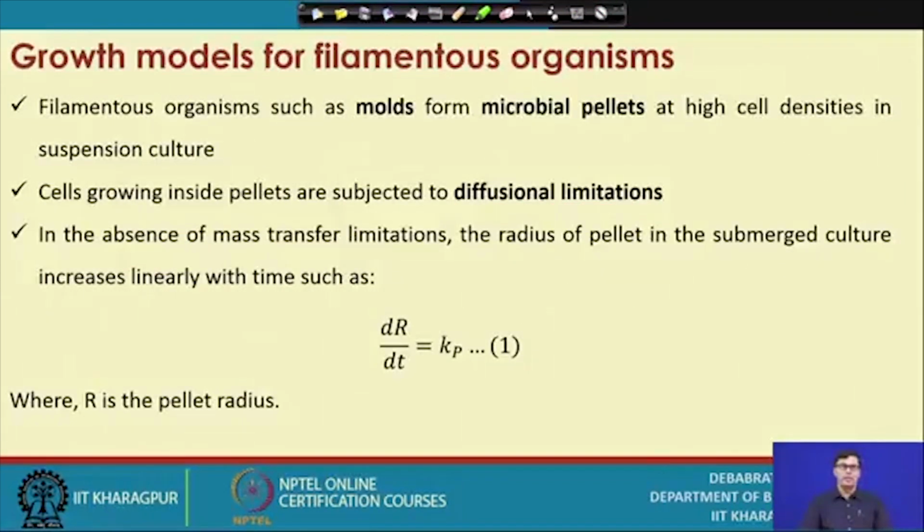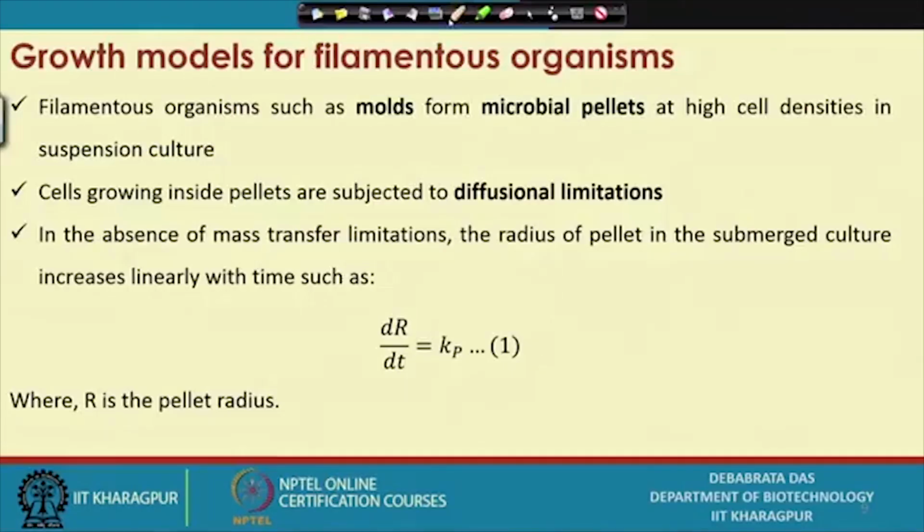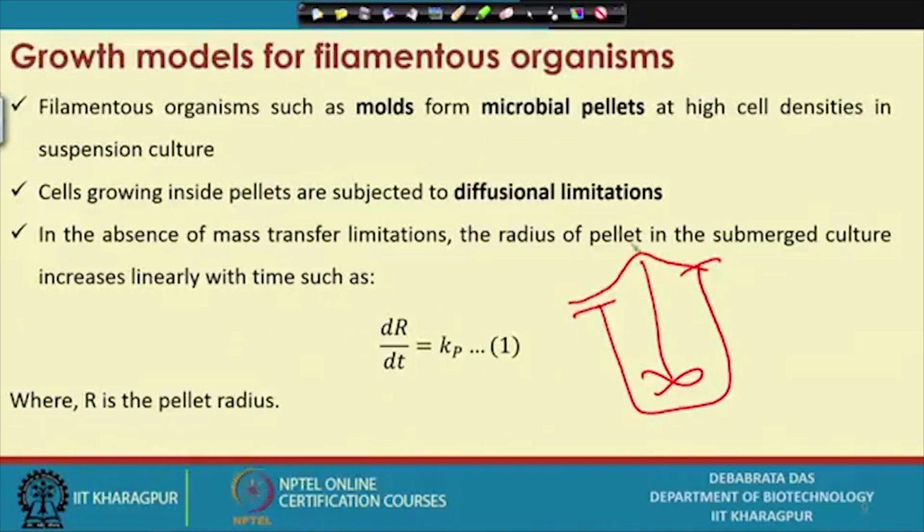Now, in case of unicellular cells, we do not have much of a problem, but we have a typical type of growth characteristics in case of filamentous organisms, for example Aspergillus niger. When you grow Aspergillus niger in the fermentation media, what will happen?